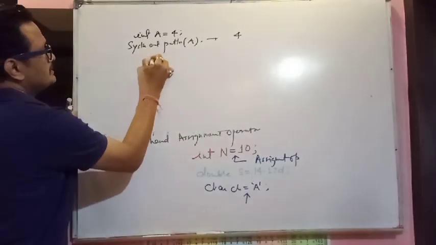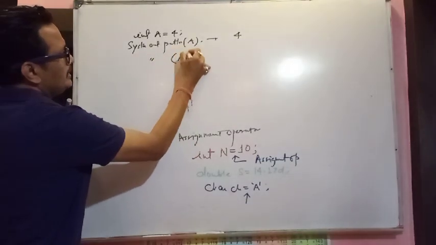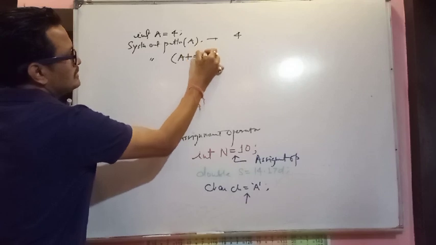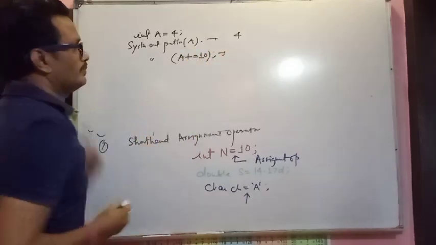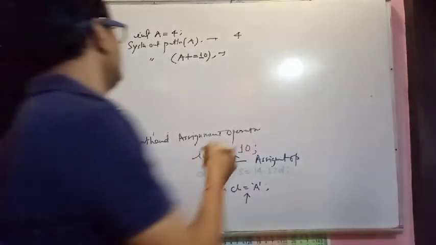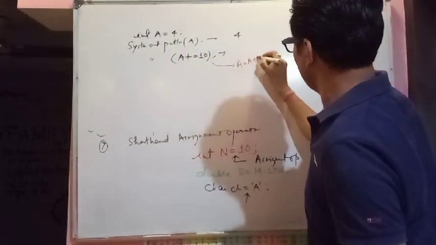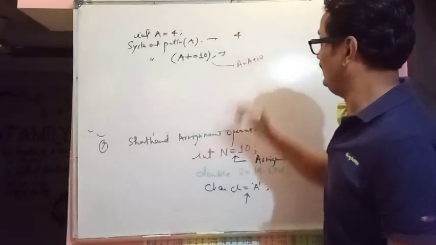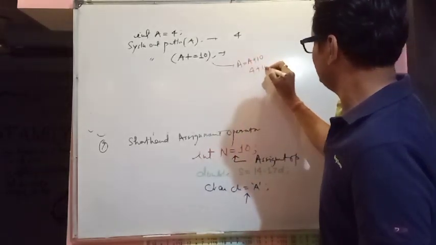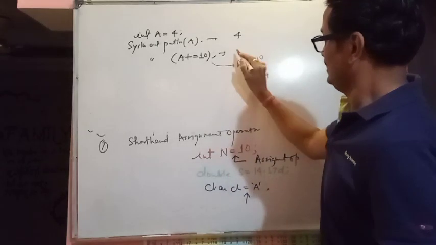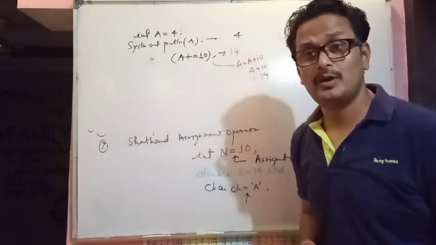And if you write System.out.println(a += 10), how will it work in the computer's memory? It will work as a = a + 10. What is the value of a? The value of a is 4 + 10 = 14. So here your answer will be 14.